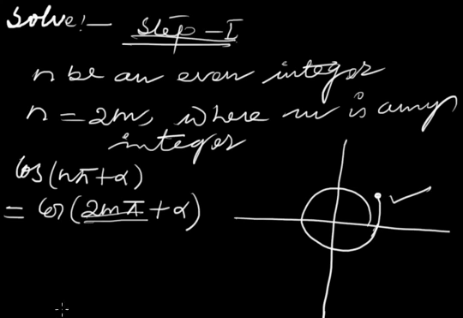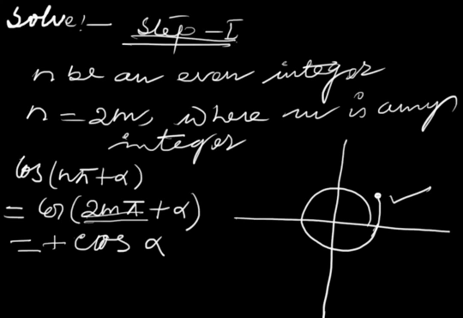That is in the first quadrant. So, the sign will be positive, and for a multiple of π, any number, we know the ratio remains unchanged. So, this gives cos α.